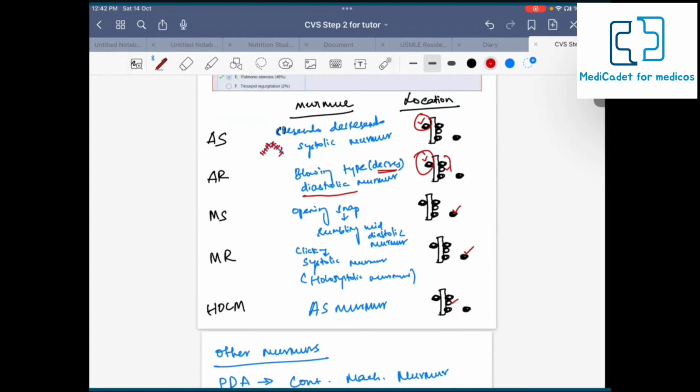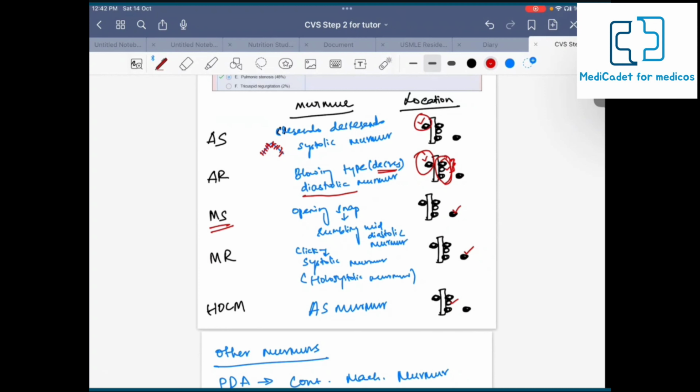Most questions will not tell you whether it's the upper left sternal border or lower left sternal border. They will just say left sternal border, which means it could be one of these areas. Mostly you will not get confused with the tricuspid area, so it's going to be one of these two areas. So don't get confused just because they don't mention upper or lower.